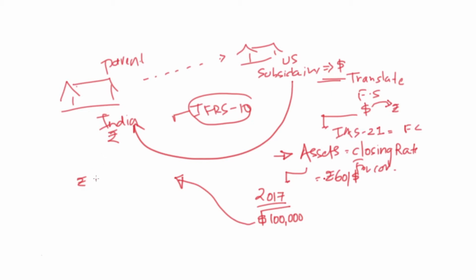The amount that will come in the books of the Indian parent company would be 6 million rupees, because we converted the US dollars into Indian rupees.